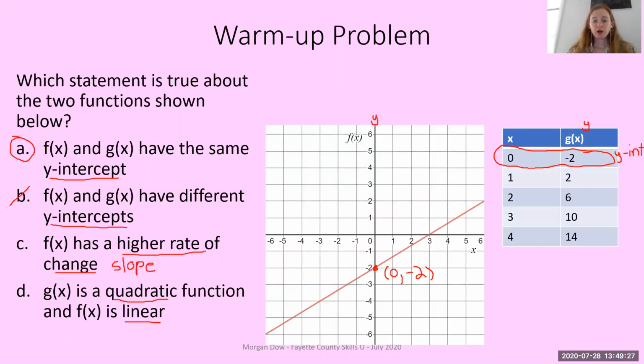One way to figure out slope on a graph is just by visual inspection. Slope is the ratio, or the comparison, of change in y. Remember, we use that little triangle symbol as shorthand for change. So change in y compared to change in x.